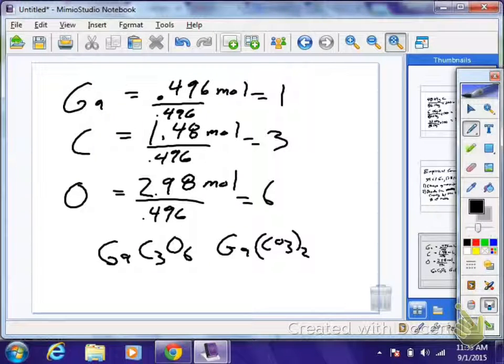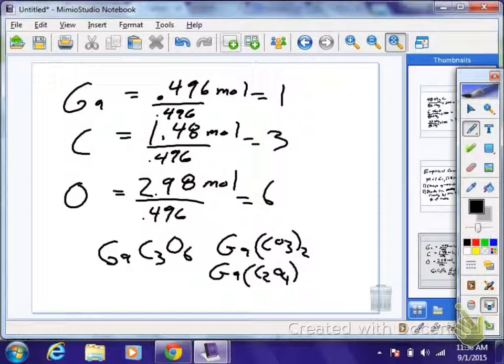We have a CO. Do you have any CO combinations that we could kind of manipulate maybe? C2O4. Okay, C2O4. Could we do Ga C2O4, can we do it this way?